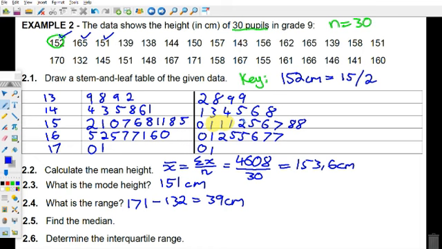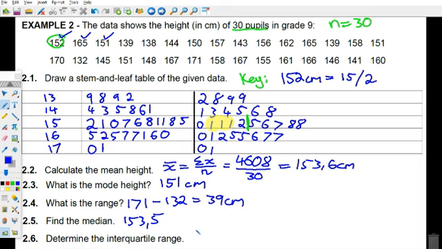Okay, so 15 is this number here. So my median is in between there. So what number is between? So you say 155 plus 152 divide by 2. Okay, and my median is going to be 153.5.